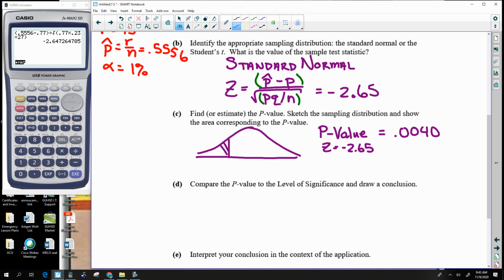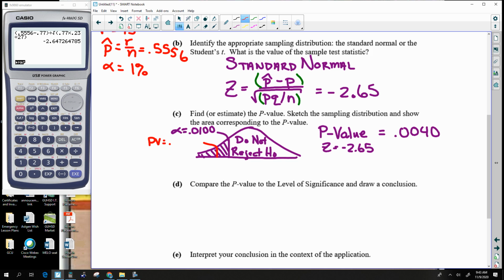So, left tail. Alpha is 1% in this case, and I have a p-value of 0.0040, so that's going to be smaller. So the distance from the edge is smaller.